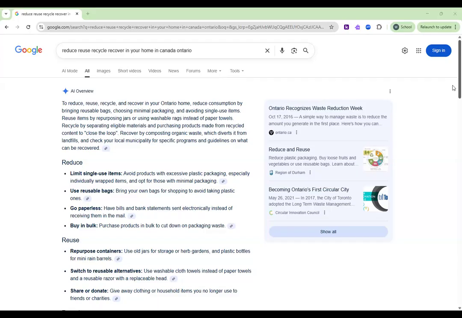And buy in bulk. We've already said that. So purchase products in bulk, cut down on packaging. If you're going to buy toilet paper, buy a big amount. Don't just buy one little package. Remember, I was saying when I bought a product for my hair, I think it was a leave-in conditioner of some sort, and to buy more than one bottle when I'm ordering it online.